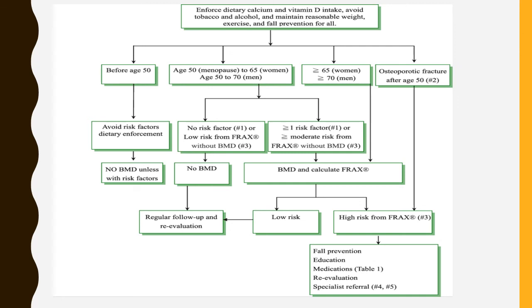If high risk from FRAX as well as osteoporotic fracture after the age of 50, this is high risk from FRAX: fall prevention, education, medications, re-evaluation, specialist referral. And also for women 60 or more than 65 and men more than 70 years, do BMD and calculate FRAX, and we go the same algorithm.